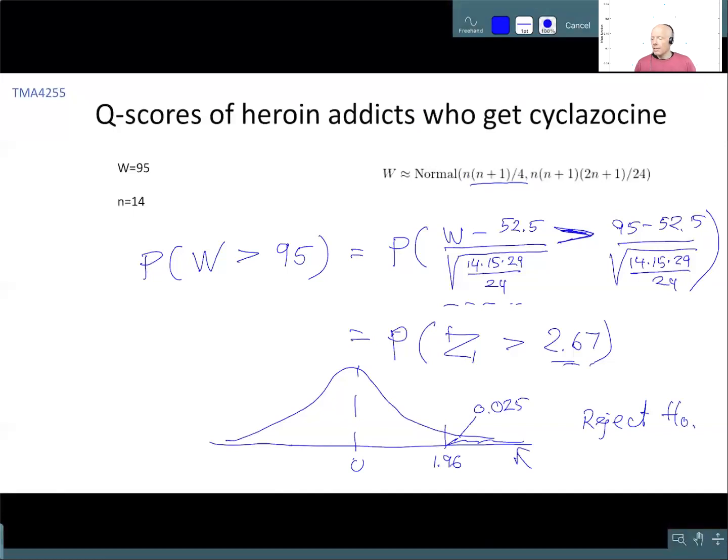The hypothesized value of the mean or median equal to 28 is not right. It seems like this medicine has an effect. The addicts score better in the test when they get the medicine.